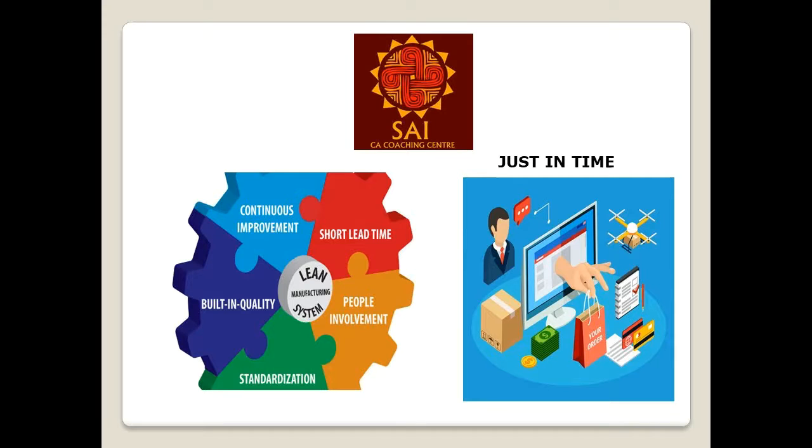Now, there are some definitions given for just in time by SEMA. Just in time production means a production system which is driven by demand for finished goods, whereby each component in a production line is produced only when needed for the next stage, thereby avoiding the waiting time in the process.